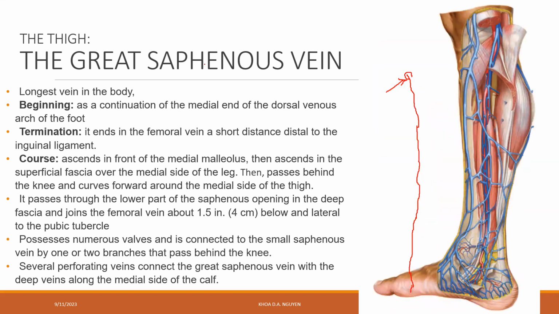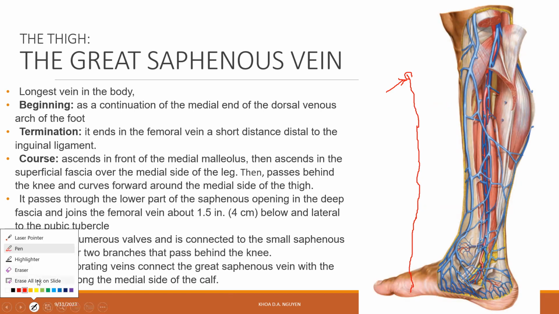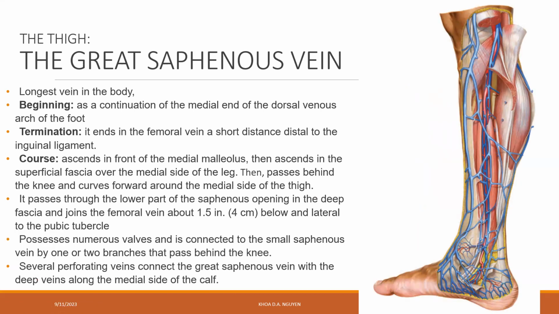And right here, what you can see is that this is going to be the great saphenous vein as it courses proximally and superiorly upward, right? Now, on the course of it going upward like this, it is going to give out some branches like this.